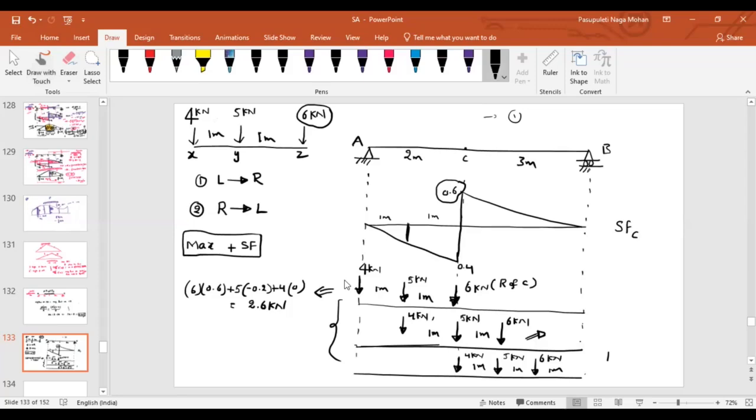So what is the ordinate under 4 kilonewton? 4 into 0.2, how much? 0.2, plus what is the ordinate under 5? 0.6. What is the ordinate under 6? What is this distance? 1 meter. Then what is this distance? 2 meter. What about the slope here? Slope of the shear force, 1 by the length of the beam, 5. Then what about this ordinate?